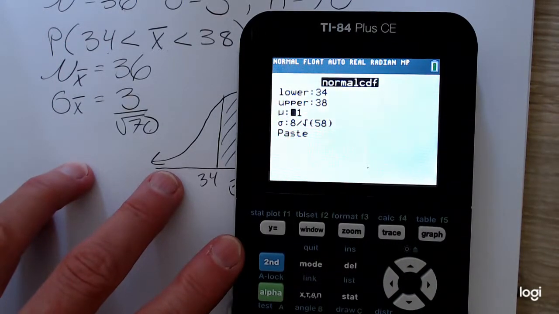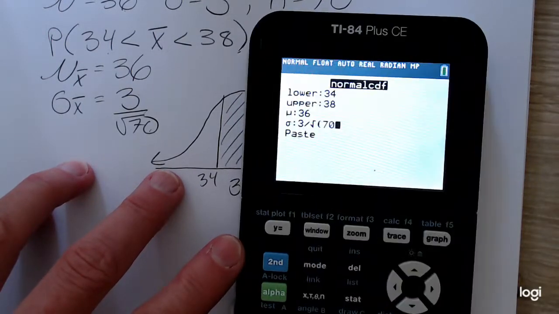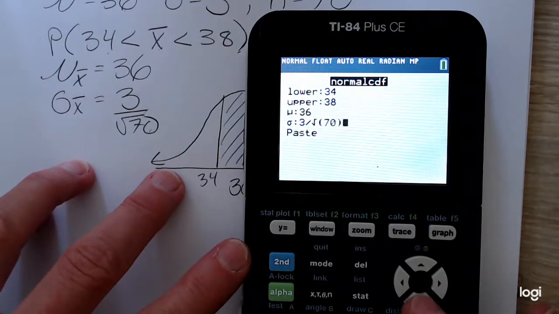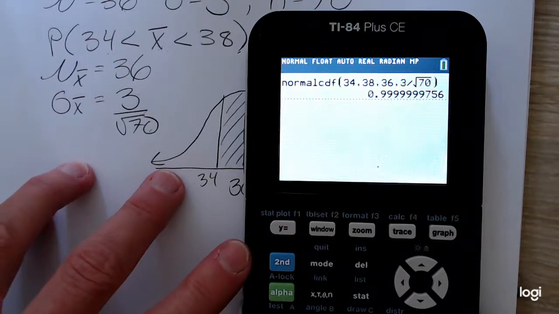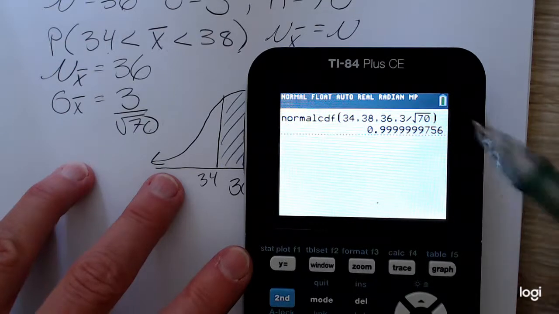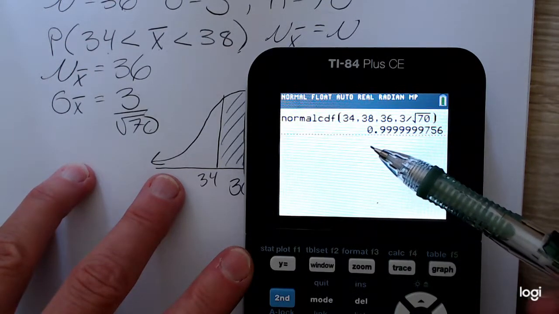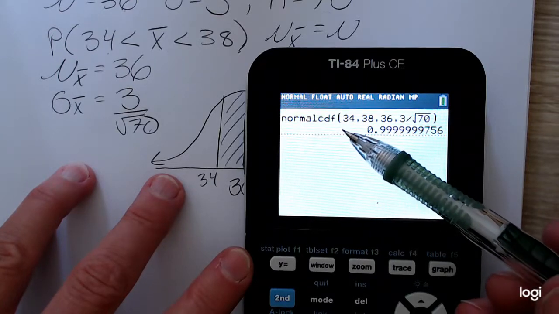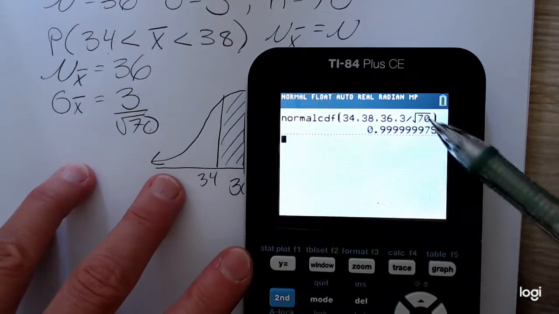The mean is 36, and that standard deviation is 3 divided by the square root of 70. All right, so I get a fairly high probability here. I'm going from 34 to 38, lower bound, upper bound, mu, and sigma.